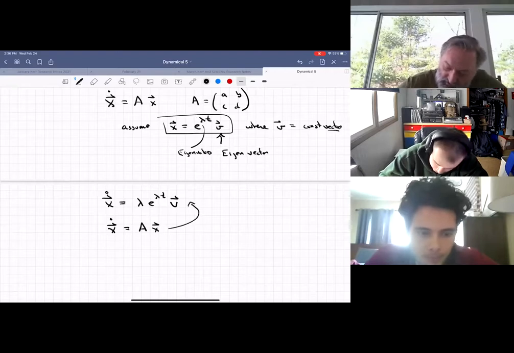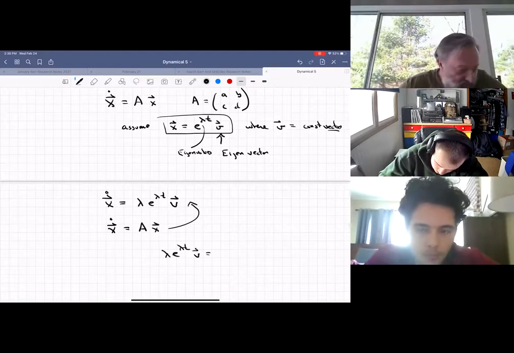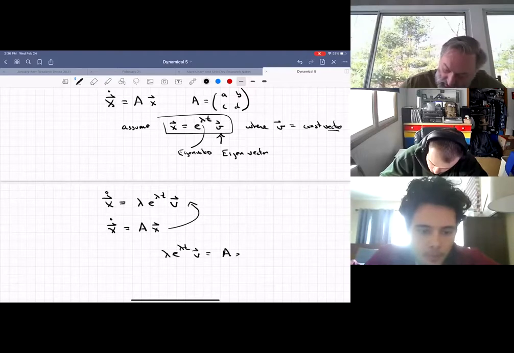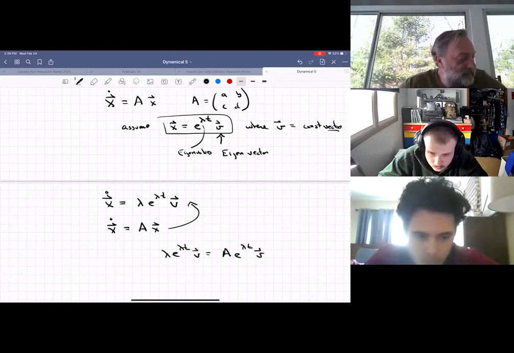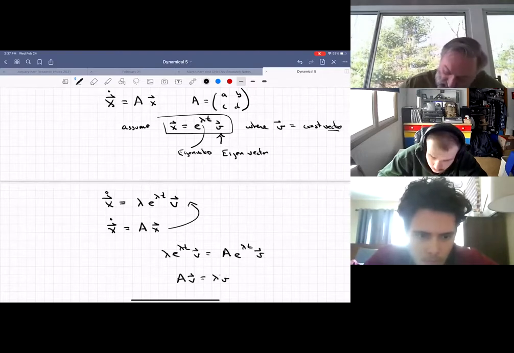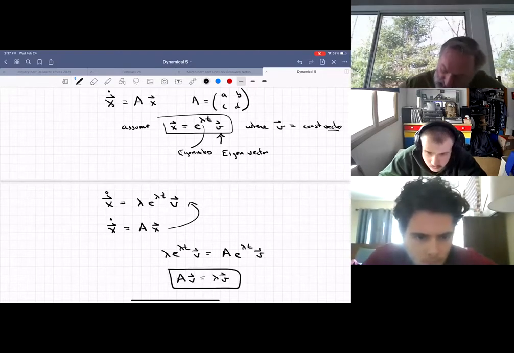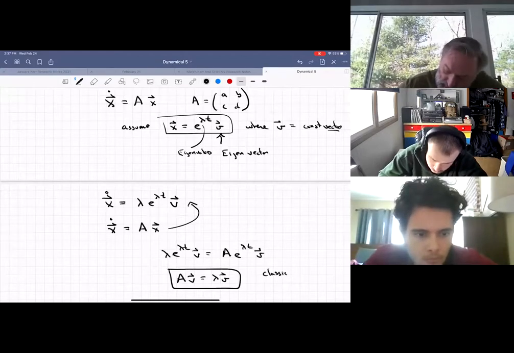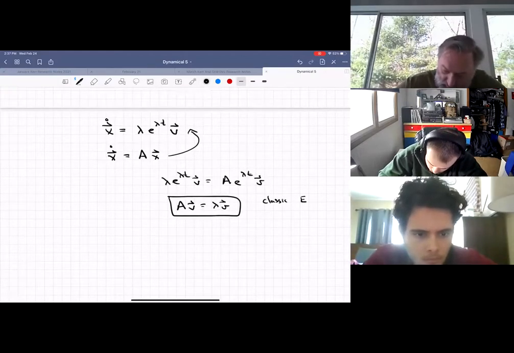So if I set these two things equal to each other, I have lambda e to the lambda t v equals A e to the lambda t v. And now e to the lambda t is a common numerical factor on both sides. And so I have A times v equals lambda times v, which is my classic eigenvector eigenvalue problem.